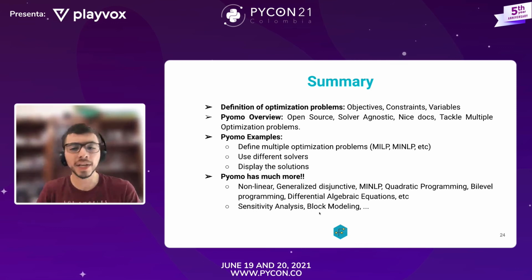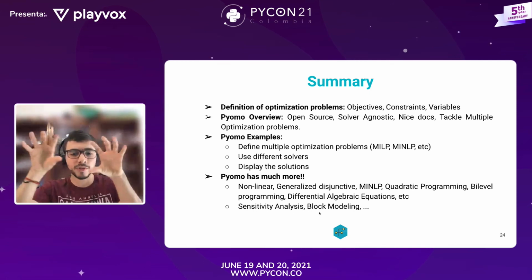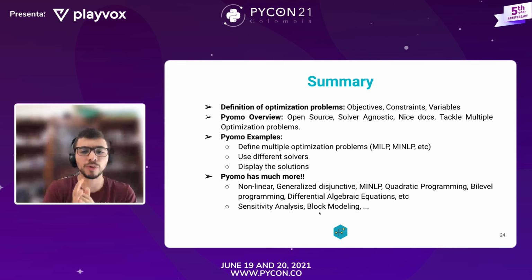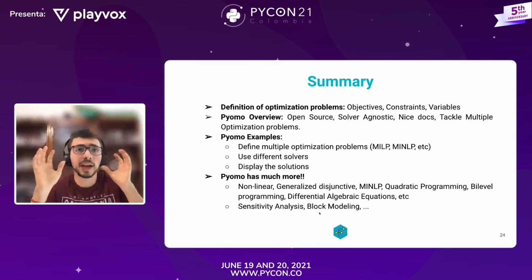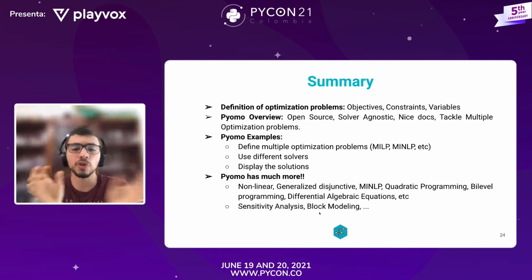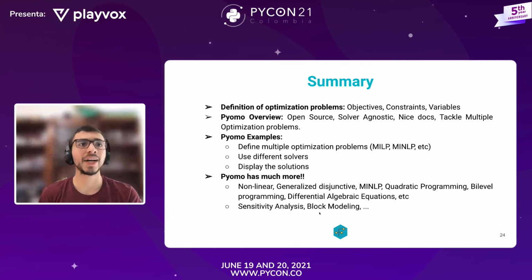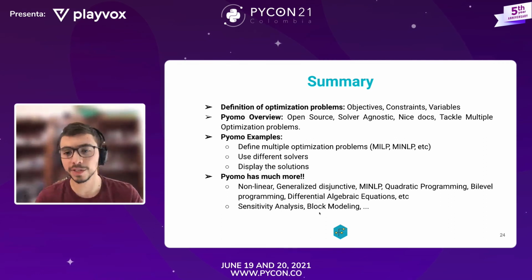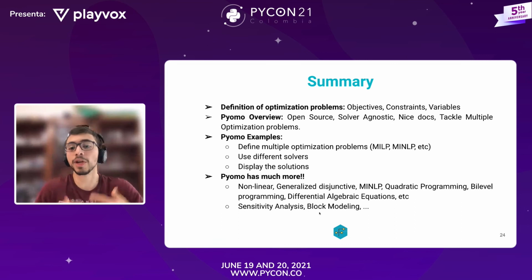You can do block modeling, like plugging in different parts when you build a big model, and you can pick which of them you want to choose. That is much of Pyomo. What I wanted to show you is how good Pyomo is, and that we can use it to solve many things.